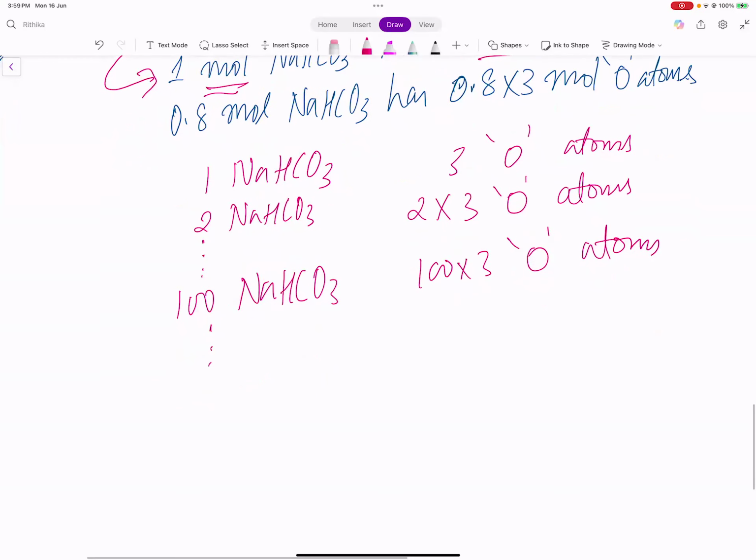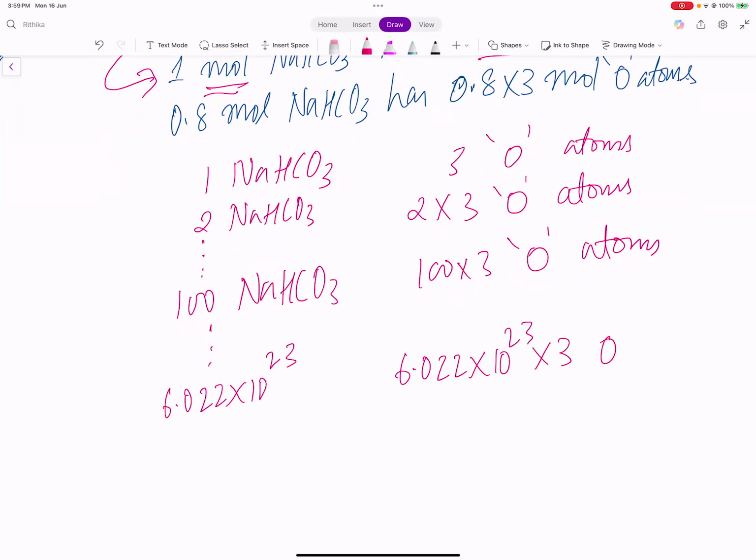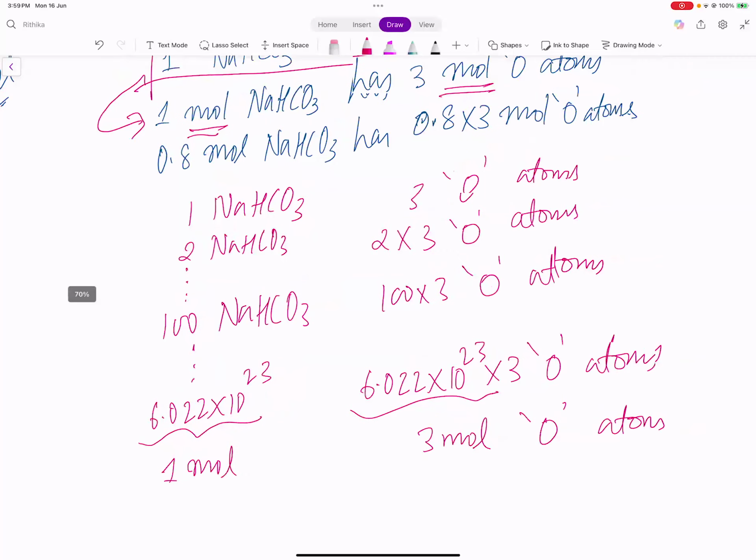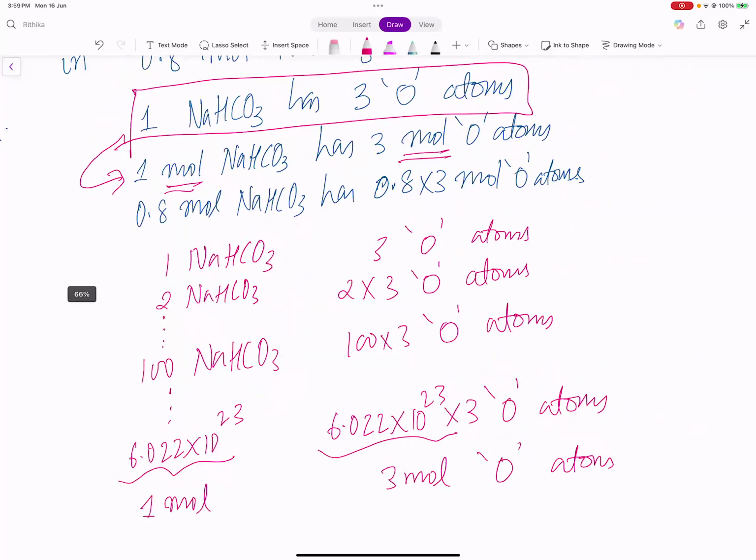And I go till 6.022 into 10 to power 23. We'll have this. And now this we call 1 mole. So this is 3 mole. See?